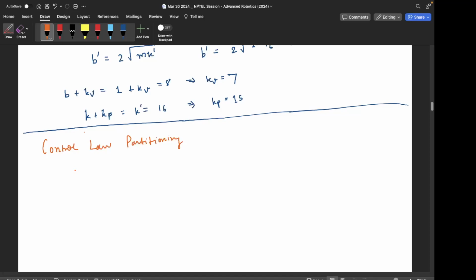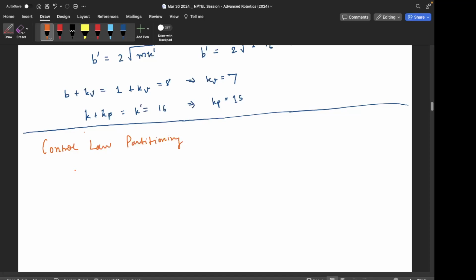The model based part uses the system information, which is the mass, the damping and the stiffness of the system, and the servo part is independent of the system parameters and just takes in the actual state and the derivatives of the system.